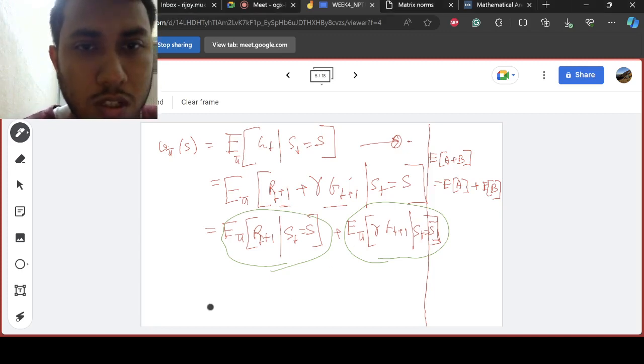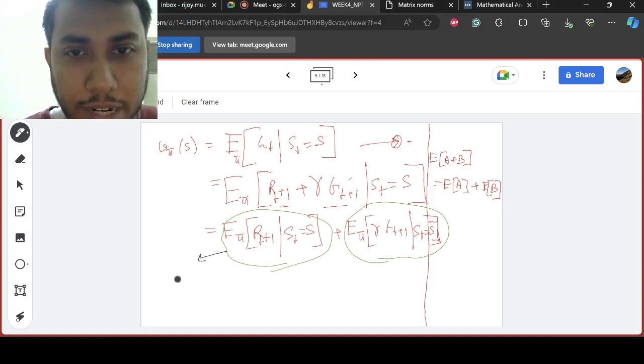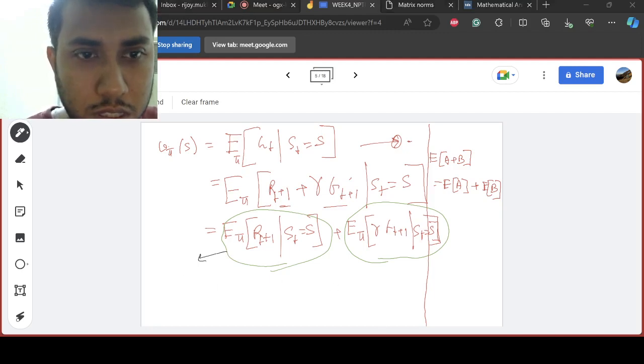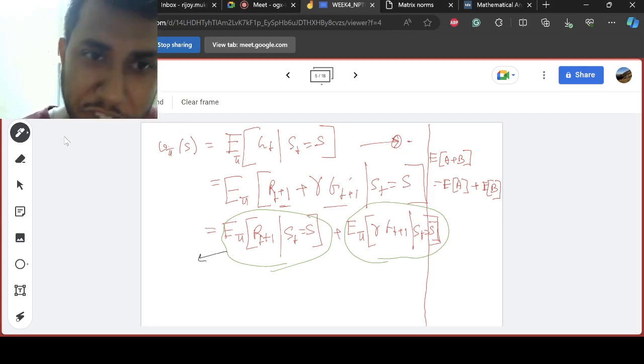So we can write this expectation as... One more equation I think will be very helpful for you is how to measure an expectation. Suppose you are given this.